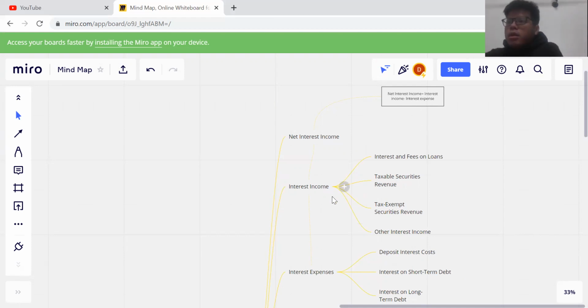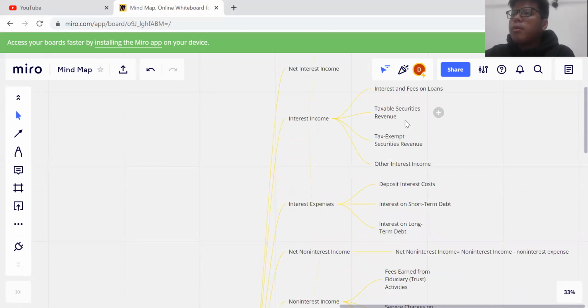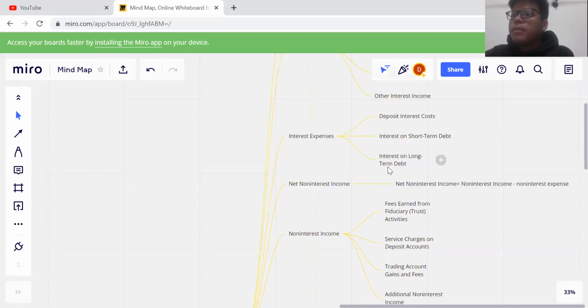In the interest income, we have the interest and fees on loans, taxable securities revenue, tax-exempt securities revenue, and other interest income. And in interest expense, we have the deposit interest cost, interest on short-term debt, and interest on long-term debt.